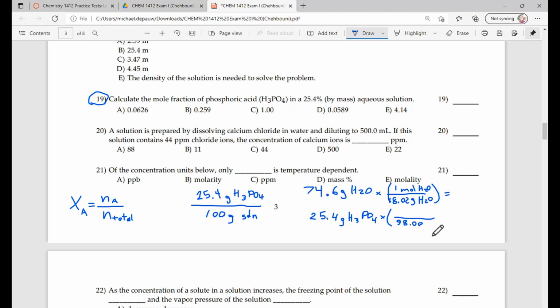You said I used 97.99. Oh, did you? Yeah, that's actually okay because you probably did 1.008 for the hydrogen, right? Yeah. 15.99 for the oxygen. Oh, okay, well, then fine. You beat me in precision. H3PO4. That's 1 mole.